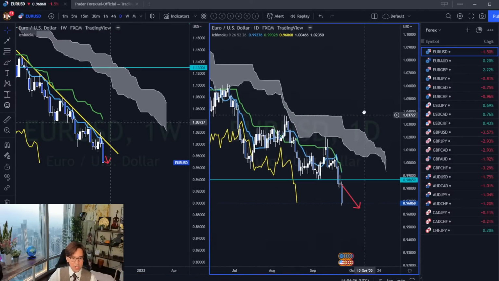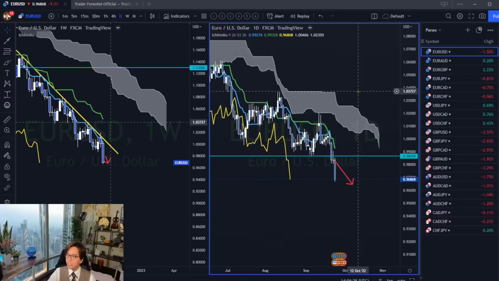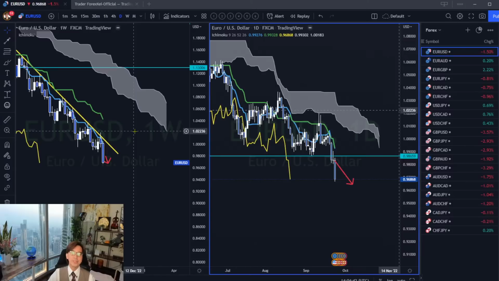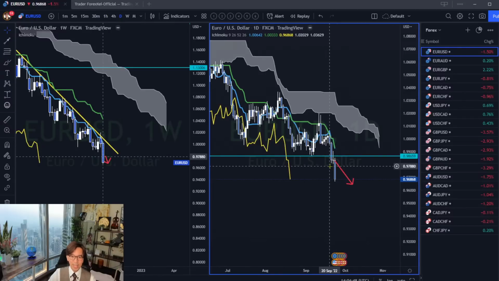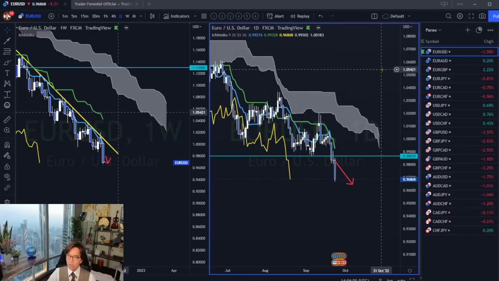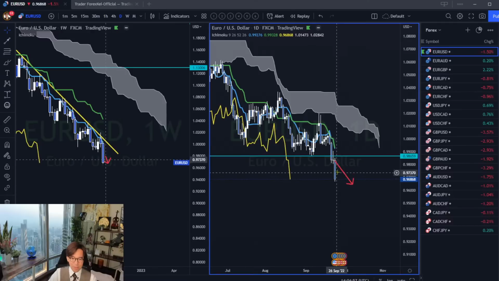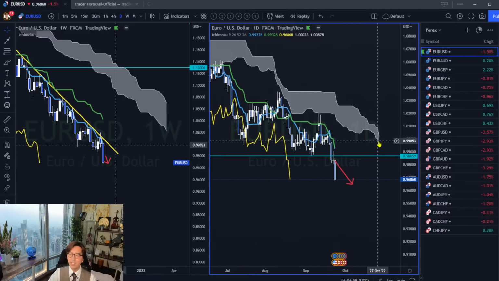First, Euro USD. Obviously it's bearish, and I was actually mentioning that this pair is bearish, so we better look for the selling edge. And last week it did break the support and is continuously going down, so this is bearish. I continuously look for the selling edge. But one thing here is that this Kumo is too thin in a daily chart.